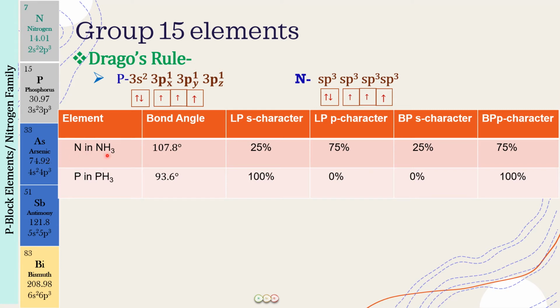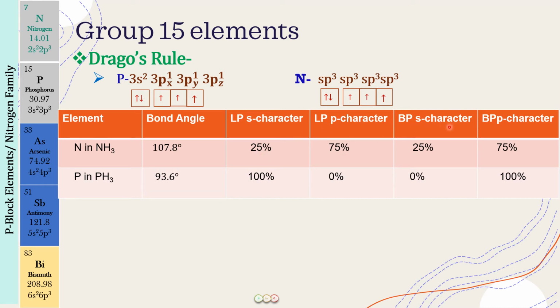In ammonia, nitrogen undergoes hybridization, so all of them are sp3 hybridized, which means that whether it is a lone pair or a bonded pair of orbitals, we have 25% s character and 75% p character. So in ammonia, lone pair s character is 25% and lone pair p character is 75%.